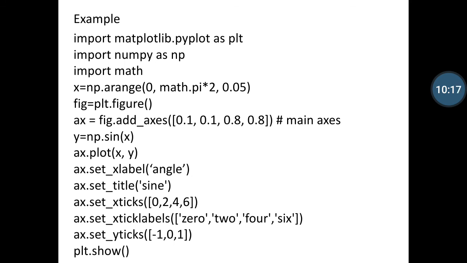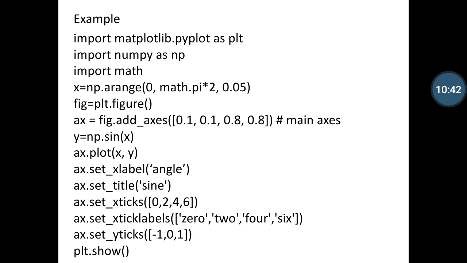I use the plt alias name of matplotlib and call the figure method. Then ax is equal to fig.add_axes with 0.1, 0.1, 0.8, 0.8 as the main axes.